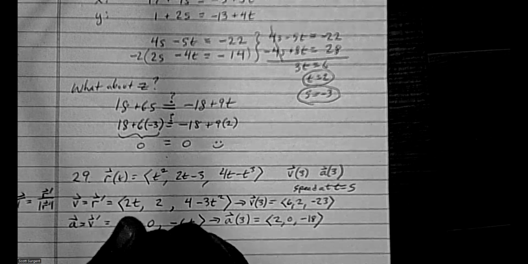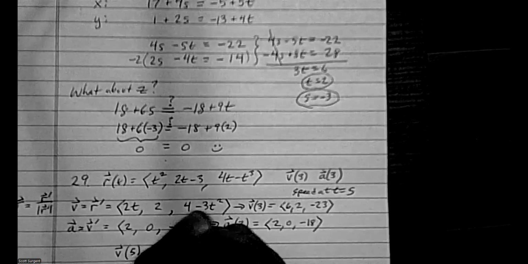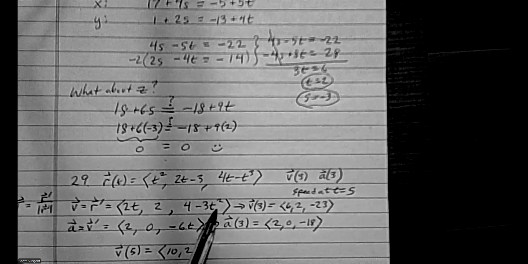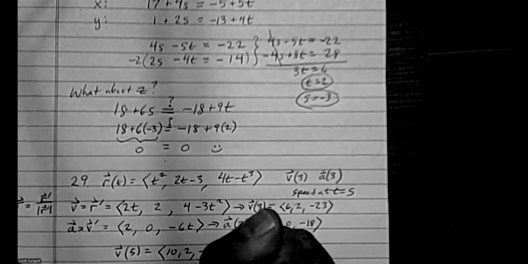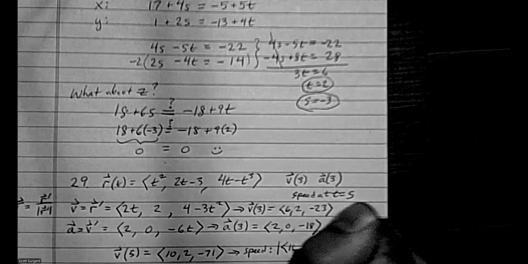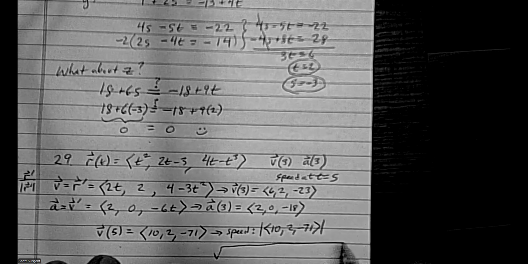Speed at 5. So the velocity at 5, you're going to just pop the numbers in. You get 10, 2, and then at 5 here you get 25. So 4 take away 75 is -71. And then the speed is the magnitude of that. So speed is just magnitude of velocity. And then you just work out the Pythagorean theorem.